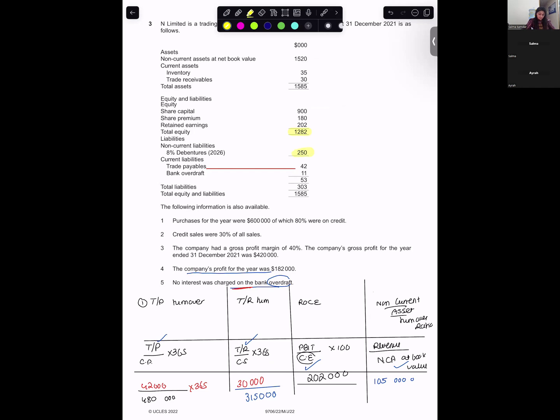The debenture. Capital and nothing else, only these two. So it has to be capital plus non-current liabilities. How much does it come up to? 1532. And non-current assets at book value they've given you directly.